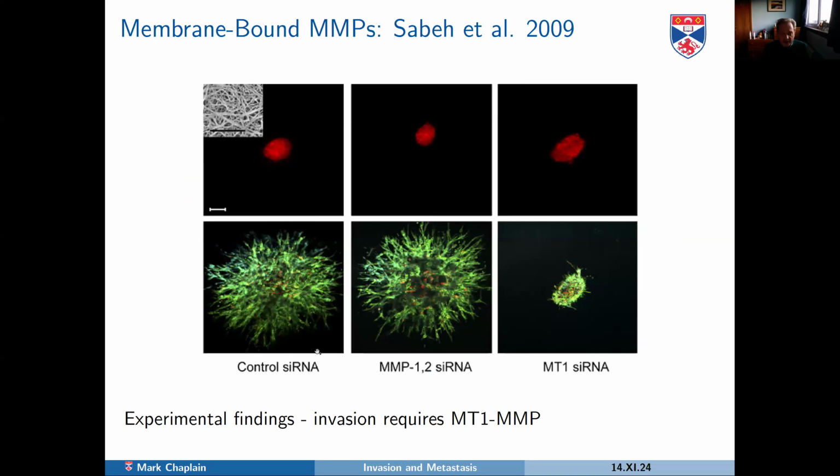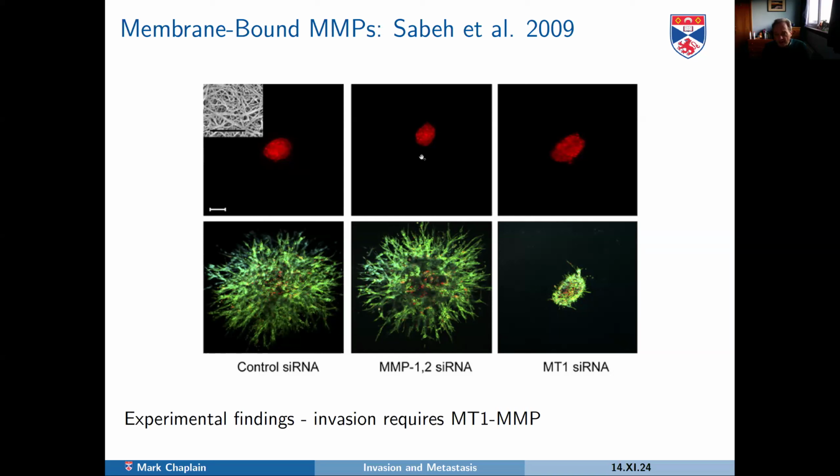So this is their control experiment on the left-hand side. We have an initial mass of cancer cells embedded in a collagen gel. Collagen is one of the fibers in extracellular matrix which the cells can adhere to. And so we can see after a few days, we have an invasive spread into the collagen gel.